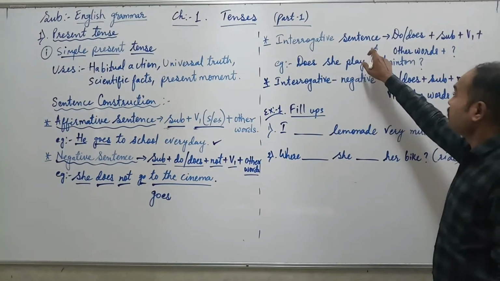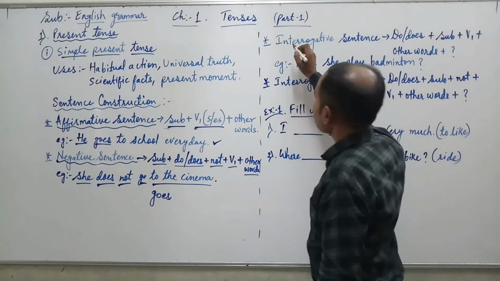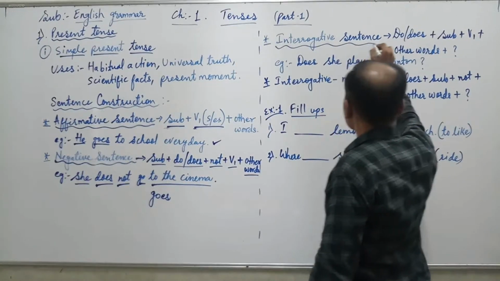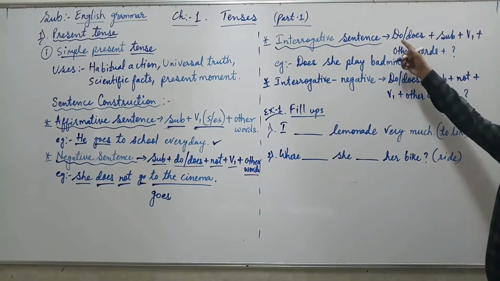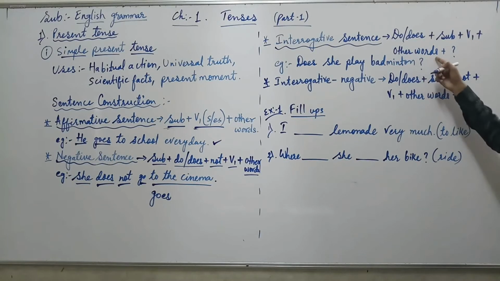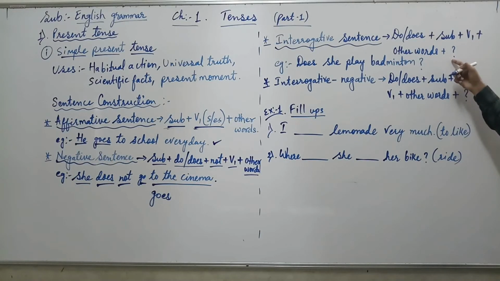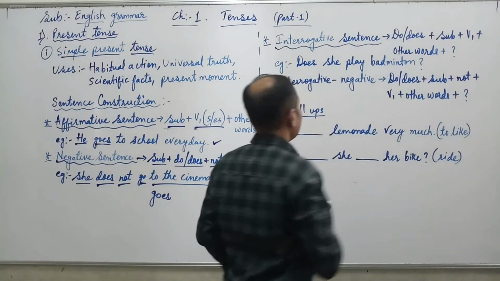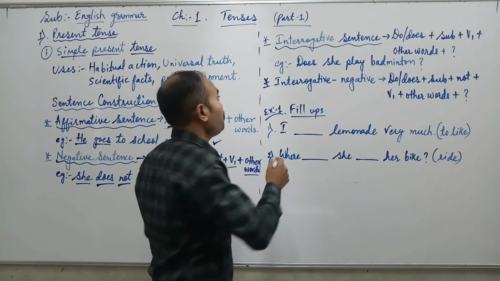Okay, interrogative sentence. The structure is: do, does plus subject plus verb one form plus other words, and finally the question mark, which is very much necessary to show the interrogative sentence. Let us see this with an example.